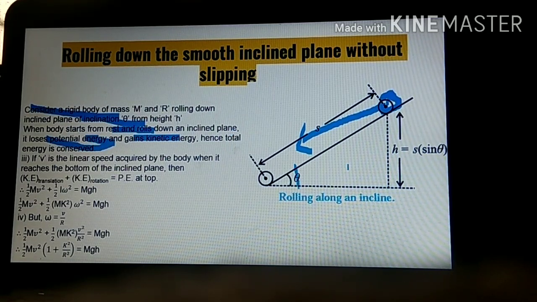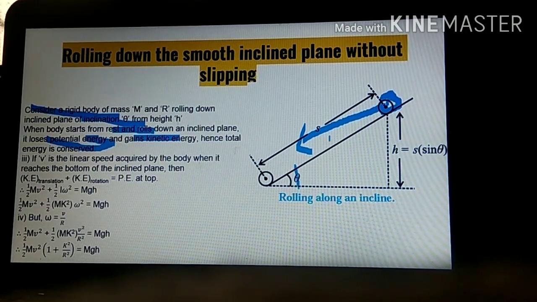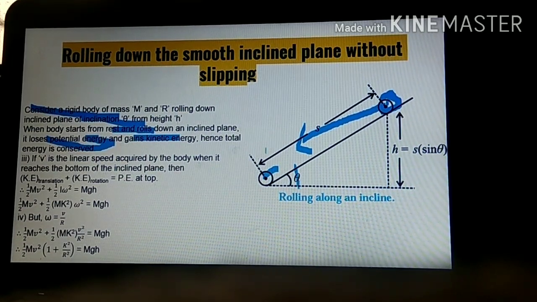If V is the linear speed acquired by the body as soon as it reaches the bottom, we can now derive: kinetic energy translational plus kinetic energy rotational is equal to potential energy at the top. Potential energy is given by mass into acceleration due to gravity into the height at which it has been kept.